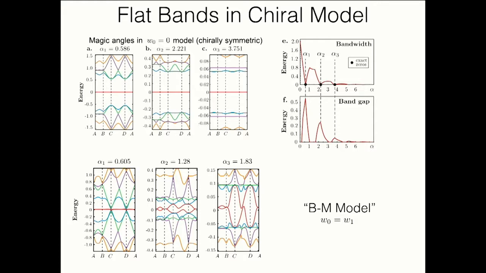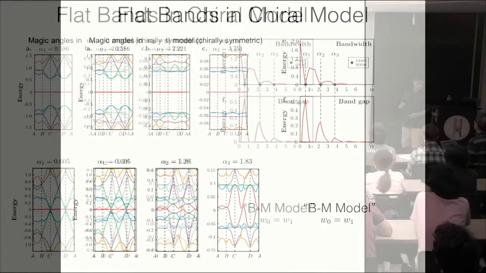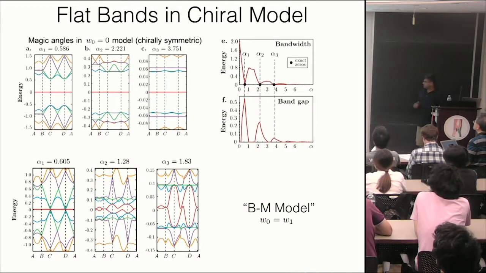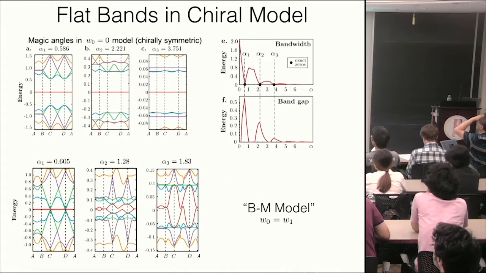What units are those? Radians or degrees? So for alpha, it's an inverse of the angle. Actually, I think I may have missed this slide. Now, units of the interlayer hopping. Yes.